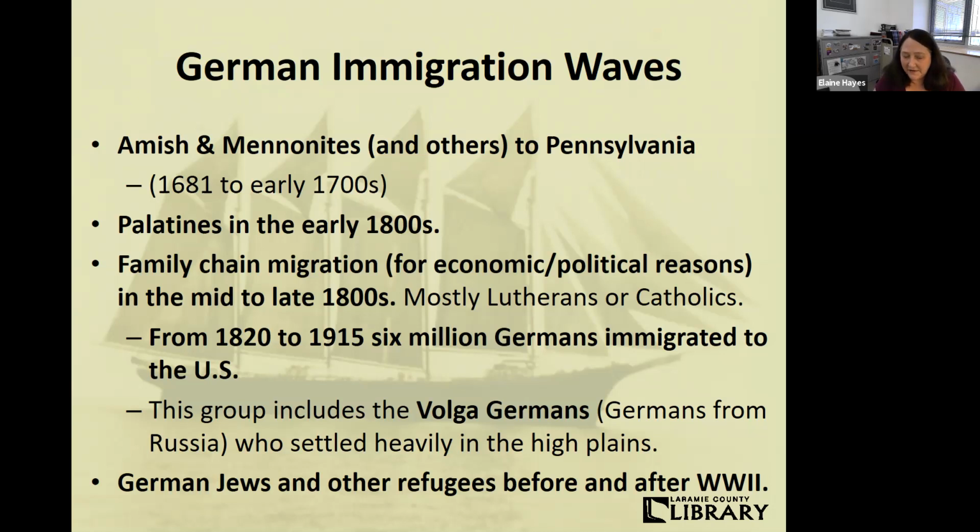The Palatines, who were the Germans from the Palatinate area of Germany, came in the early 1800s. Then we had a lot of Germans from many different areas coming in the later 1800s, mostly Lutherans and Catholics.